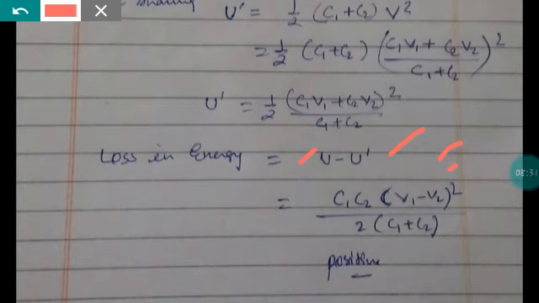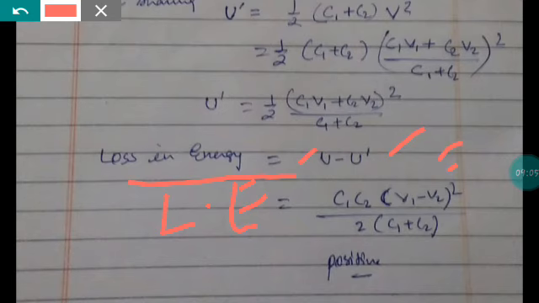The calculation was long, so I have not written all the terms. It is very easy, you just do it process wise, sequence wise, and you will get the final result. If you have any problem in calculation, then I will tell you. So this is the result, and the loss in energy, written in short, is LE.